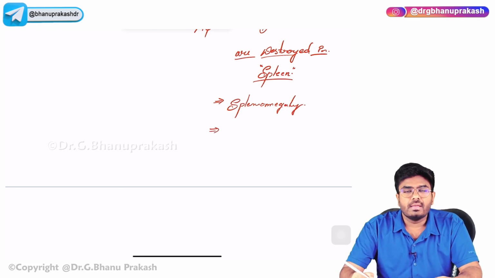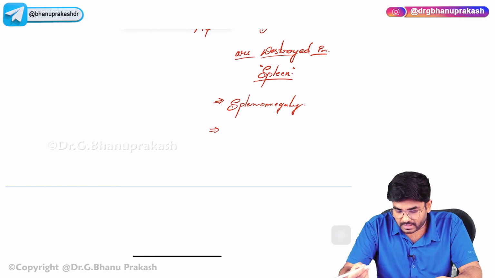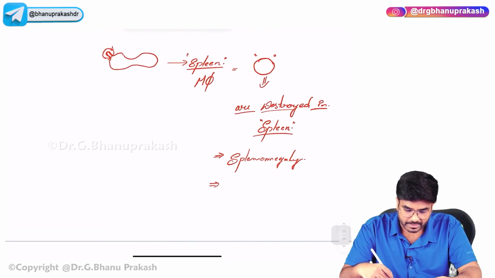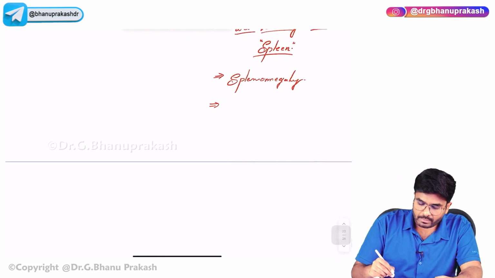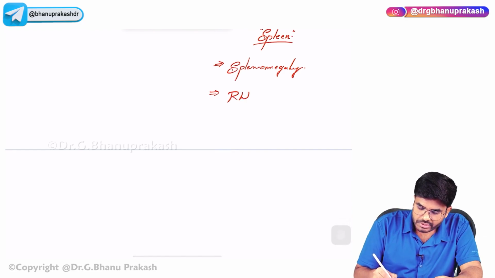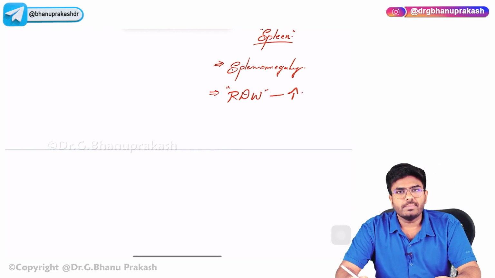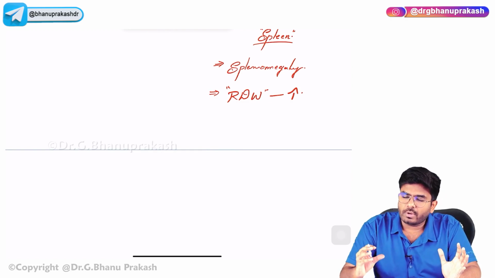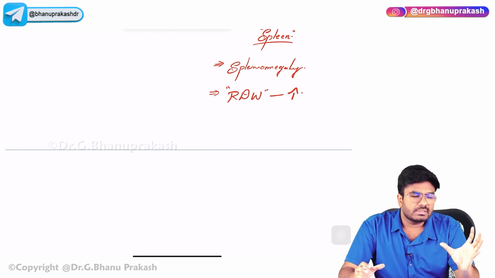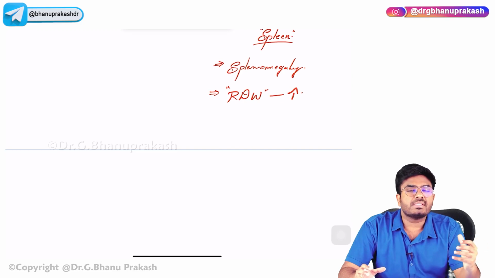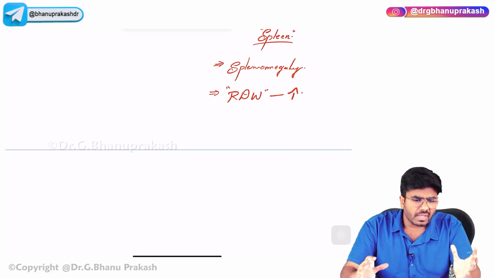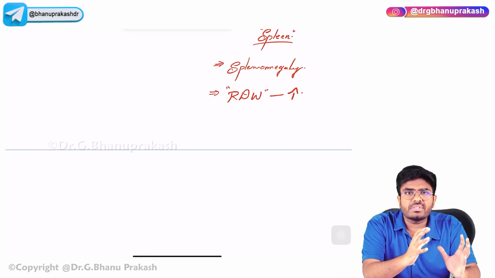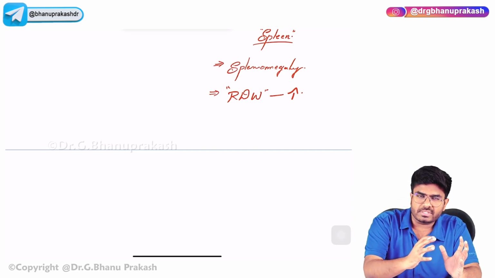The second thing, when you look at the peripheral smear, the RDW, red blood cell distribution width, is going to greatly increase, because there are millions and millions of RBCs. Some RBCs will be big and some RBCs will be small, because the younger RBC is going to be big, and the older RBC is going to be small.